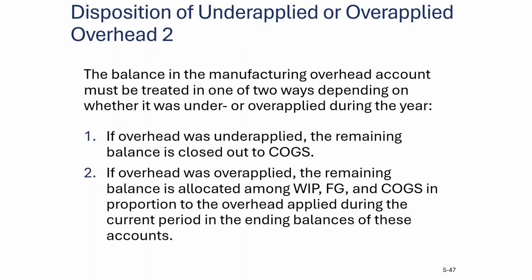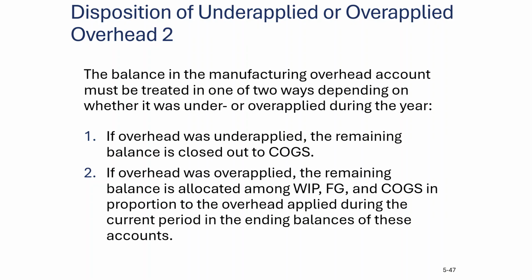They gave you two options: if the overhead was underapplied, then we close that and move that difference to the cost of goods sold. That means if we spent more and did not allocate everything, we need to close everything to cost of goods sold. So that's rule number one, and this is only applicable if it's underapplied.